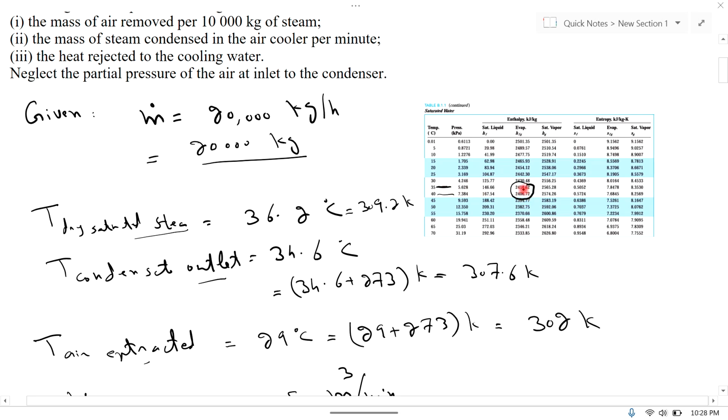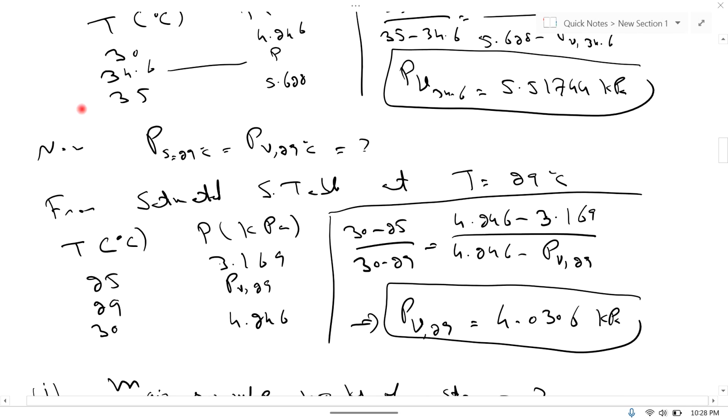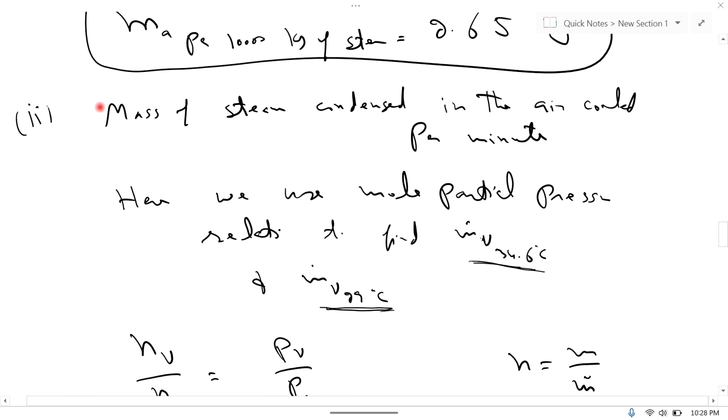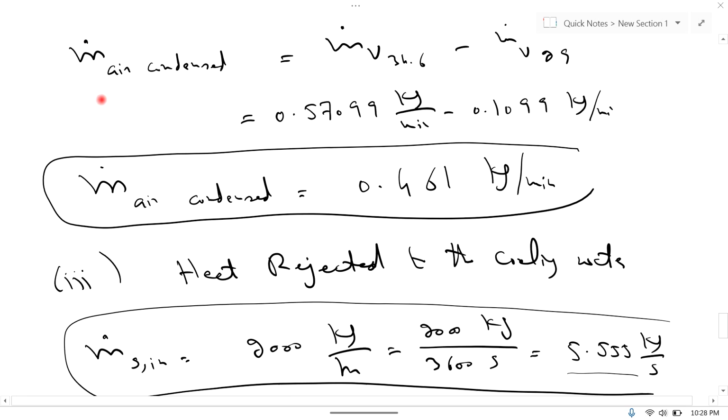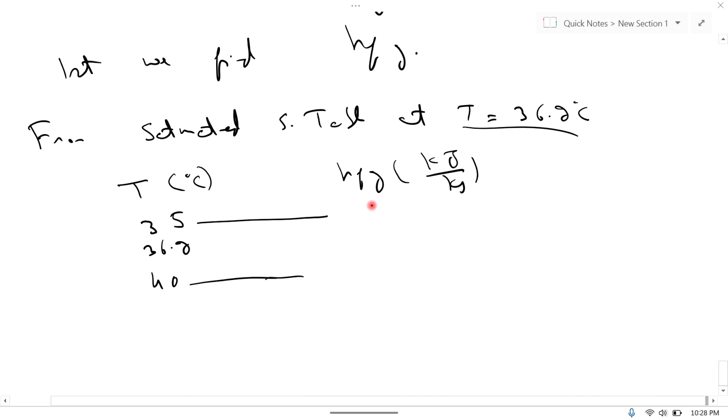At 35 the hfg is 2418.62 and at 40 this is 2406.72, and we have to find hfg here. Interpolate.